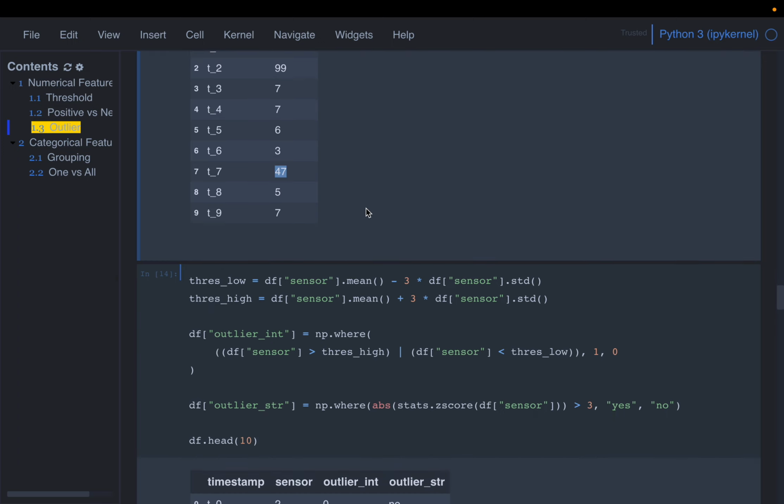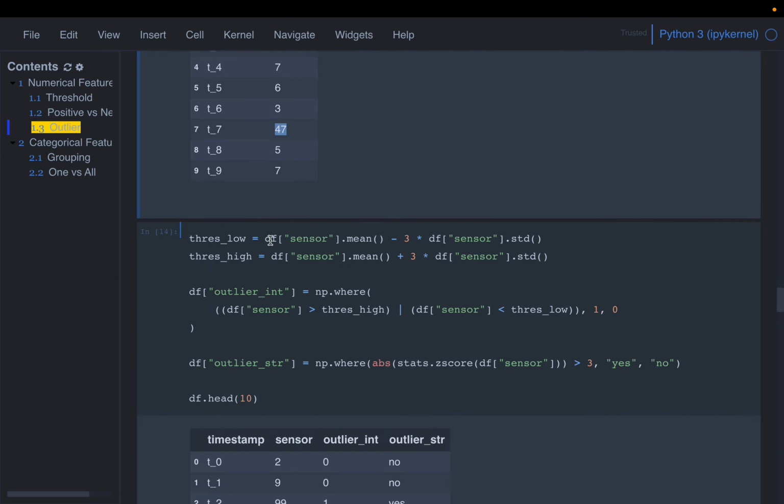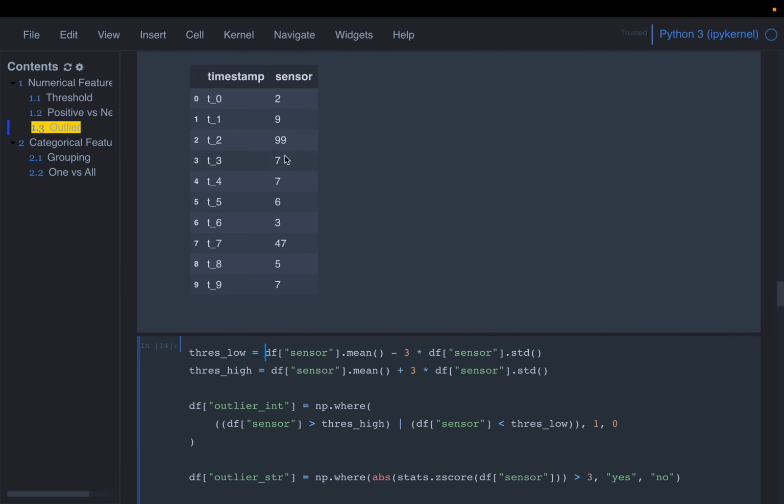So here, what we can do is find out how many standard deviations away each value is. We consider this feature distribution as a normal distribution.